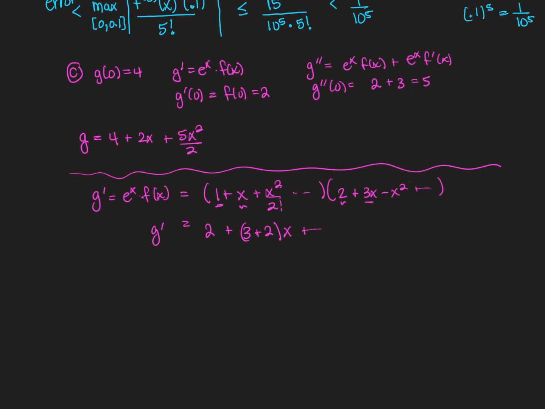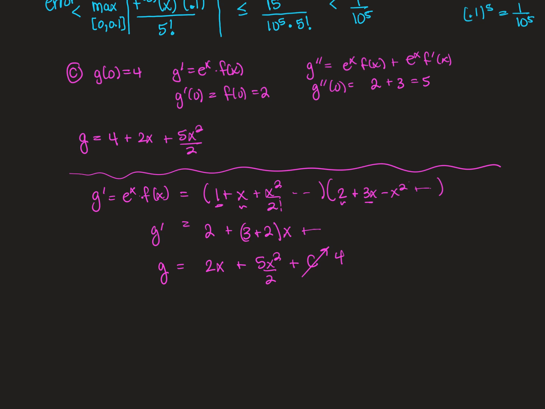If I want to go to g, that means I'm going to integrate. So g is equal to 2x plus 5x squared over 2. Now this was an indefinite integral, so you have the constant of integration. And they gave us the constant. They told us g of 0 is equal to 4. So either way, you get the exact same answers.